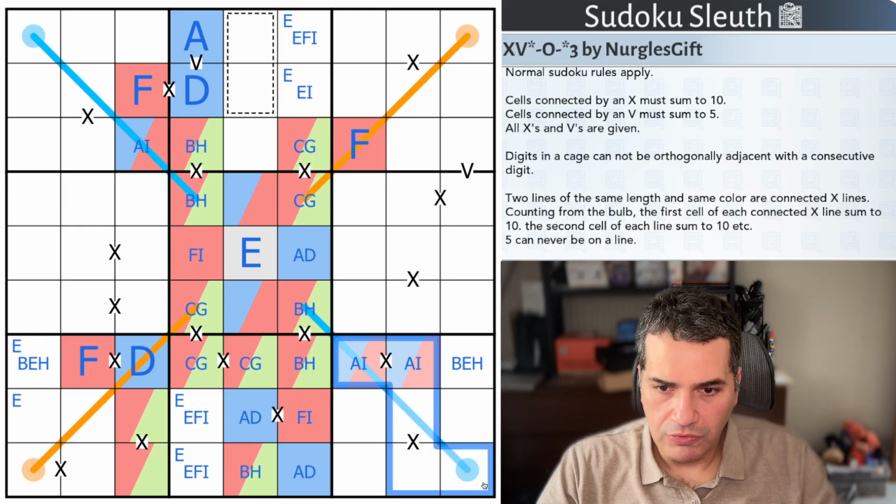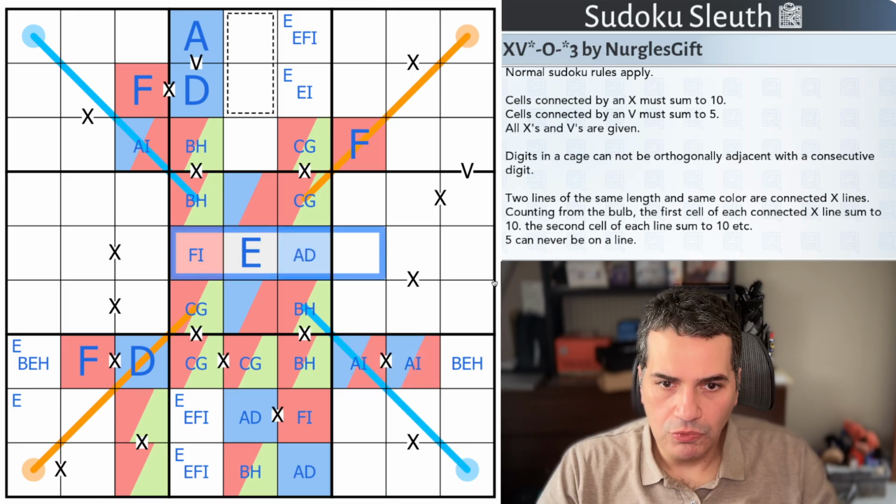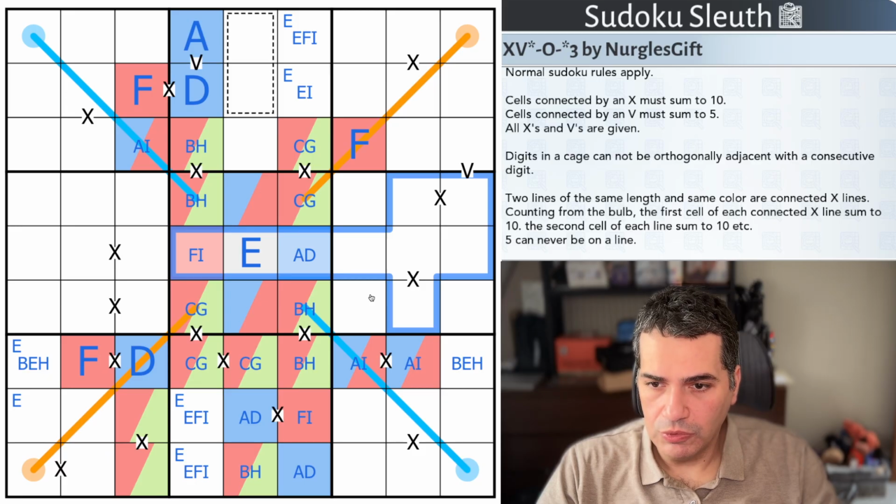No fives. Don't know. No fives. Yeah, not enough info. We're going to have to really pencil mark this, and I was trying to avoid it. Definitely trying to avoid it.